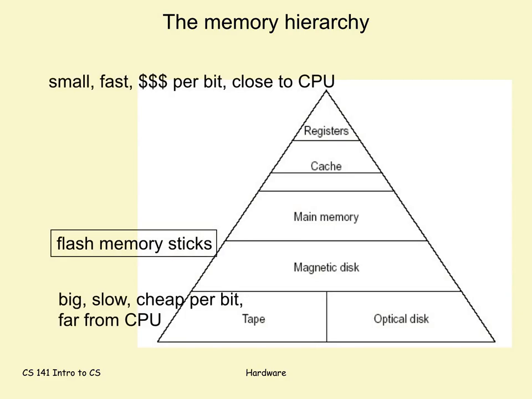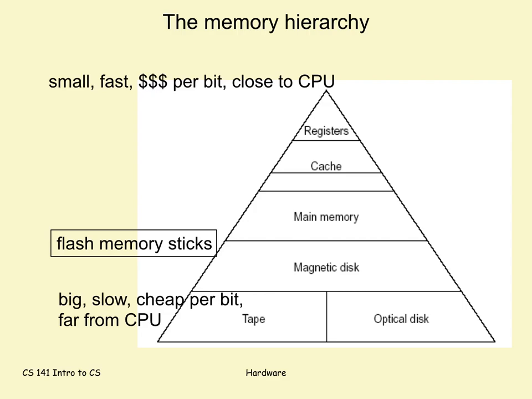And so you can't afford to have an entire computer made of just registers because it would be too expensive. Your little $700 laptop would be about a $70,000 laptop if you had 32 gigabytes worth of registers in your computer.